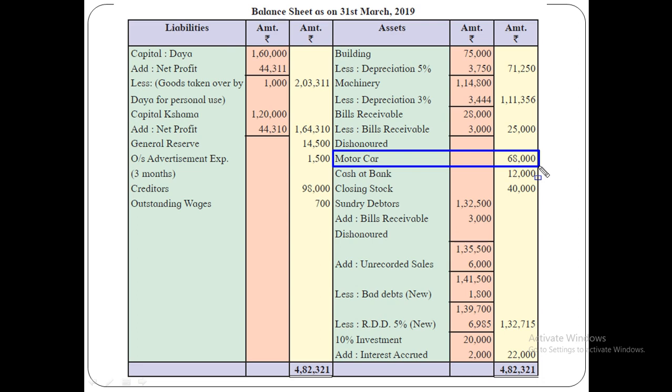Next is machinery. Machinery similarly goes to the asset side, but it has an adjustment of 3% depreciation, so we deduct 3% depreciation. Depreciation is an item from the adjustments, and we know there are two effects.